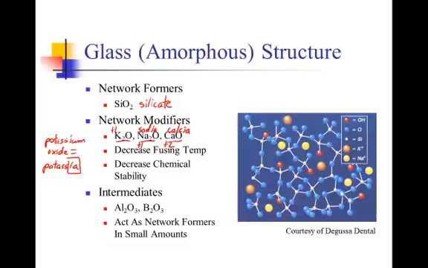and they would also count as network modifiers. And the effect of adding those elements from columns 1 and 2 is that they come in and break up the structure.